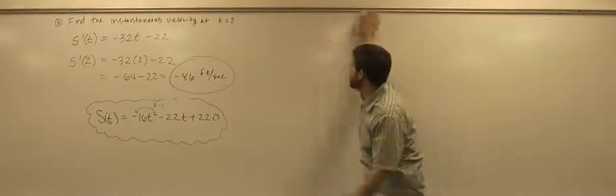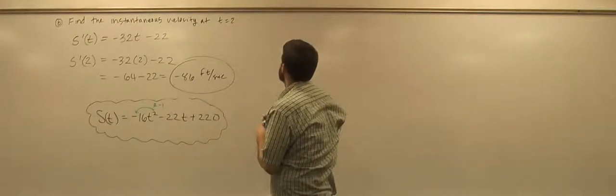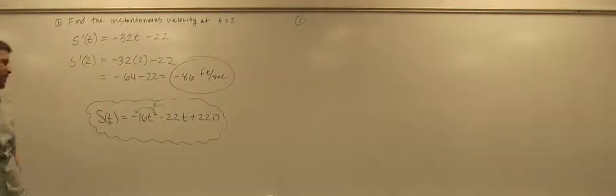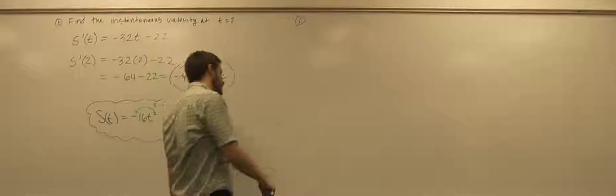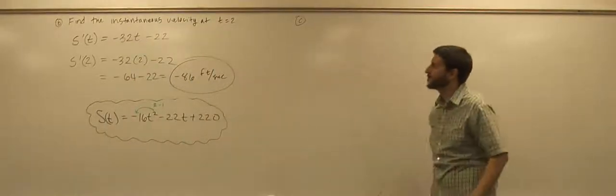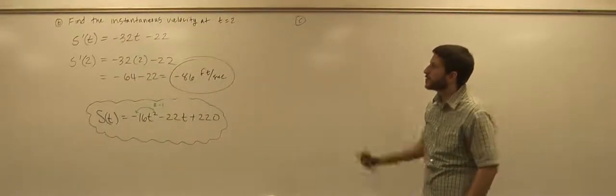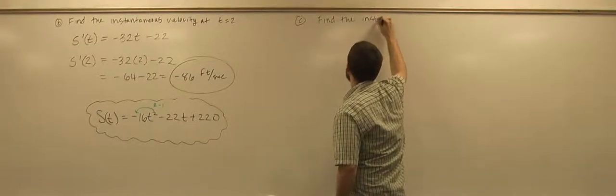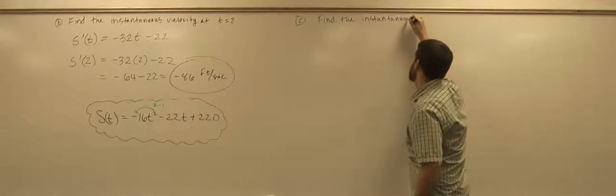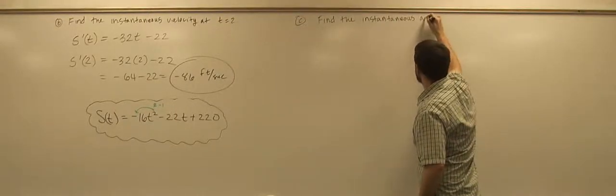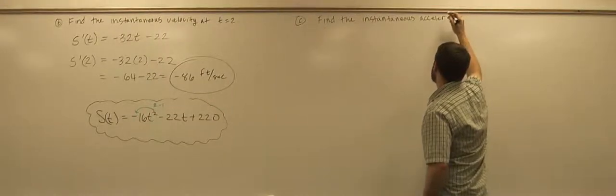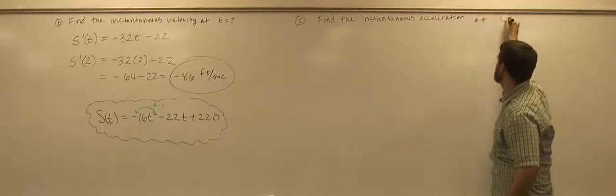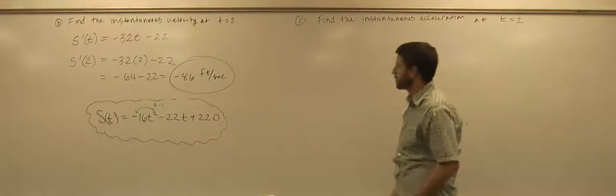There's one other quantity that we usually care about in these kind of problems, which is the acceleration of the object, how fast the velocity is changing. Okay, so acceleration measures how fast your speed is changing. So I could ask, let's just do instantaneous. Find the instantaneous acceleration at t equals 2.